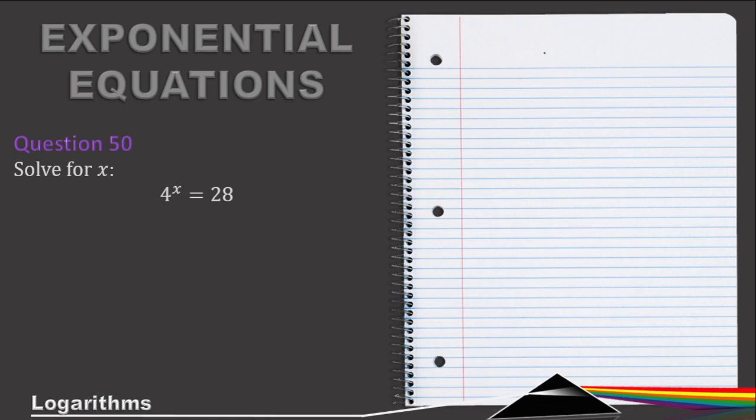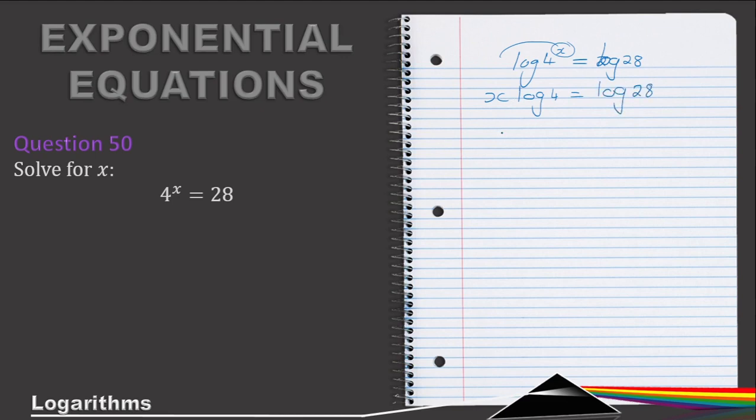Right, so first thing, log both sides. Well, actually first thing is see if you can get it to the same base, but we know this won't work now. So log 28. Take the x over, so x log 4 equals log 28.